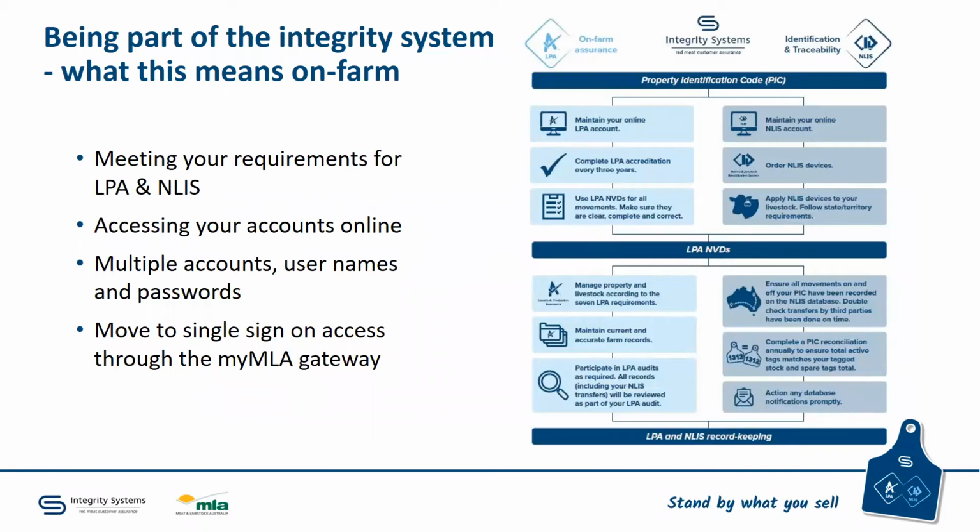So what does it mean to be part of the integrity system for producers on farm? The bigger diagram on the right-hand side of your screen tries to summarize the flow of links or points where producers need to do something to be part of those programs, and the things that bring the programs together.